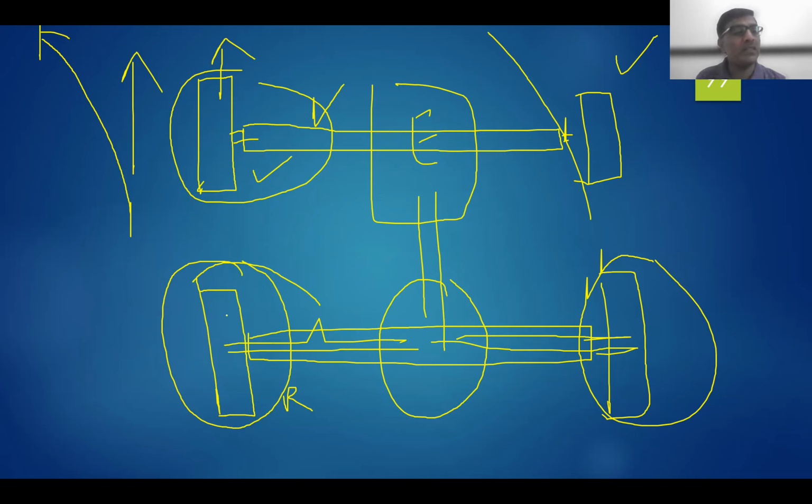So how to compensate this? For that, we require one device with which we can manage the difference in the speed, or in other words, provide the relative speed between the two wheels.